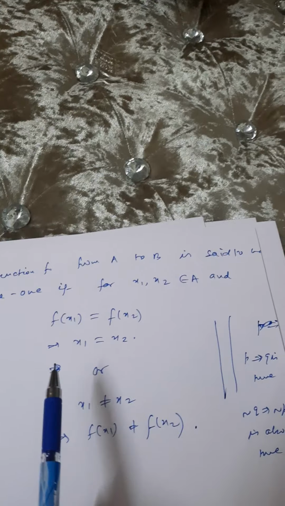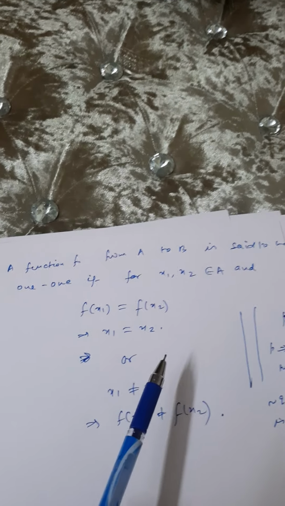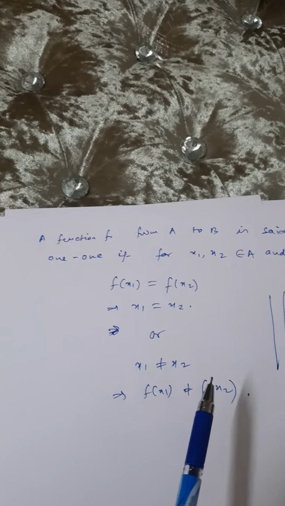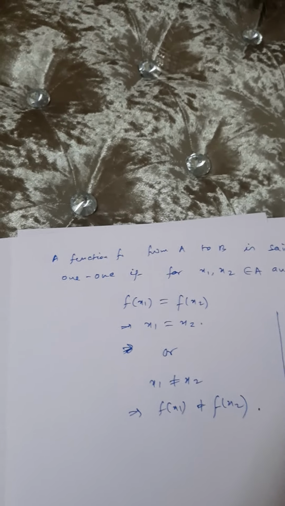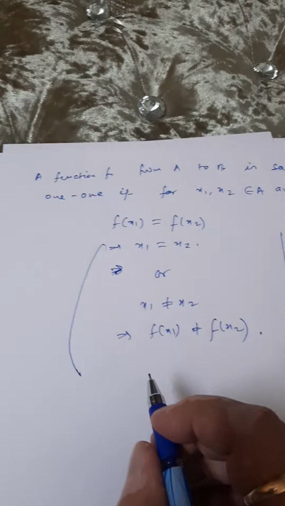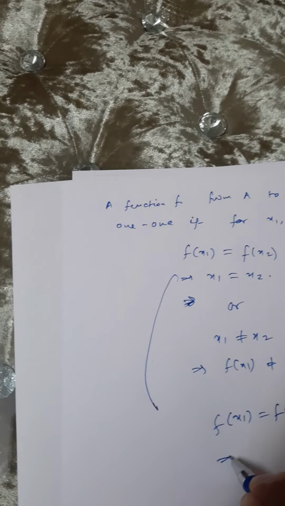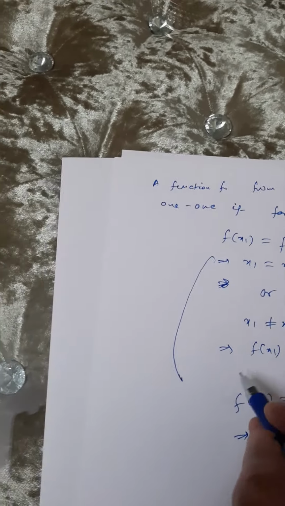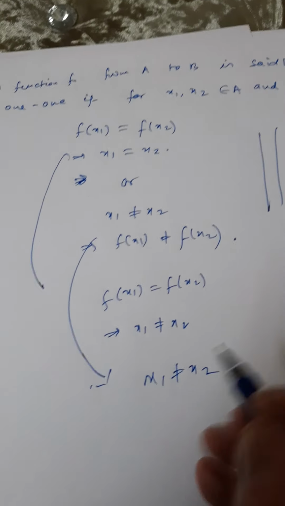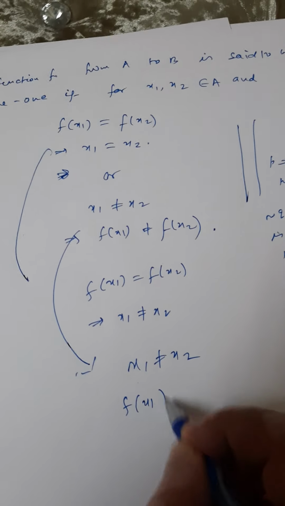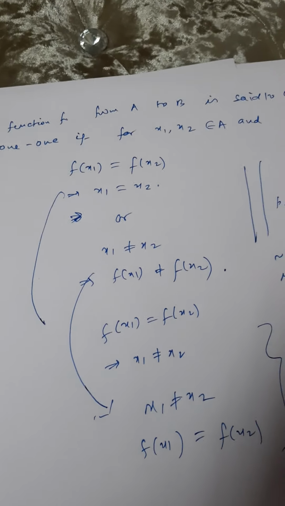If f of x1 equals f of x2 gives x1 not equals x2, function is not one-one. Or x1 not equals x2 gives f of x1 equals f of x2, function is not one-one. So these are the cases of not one-one.